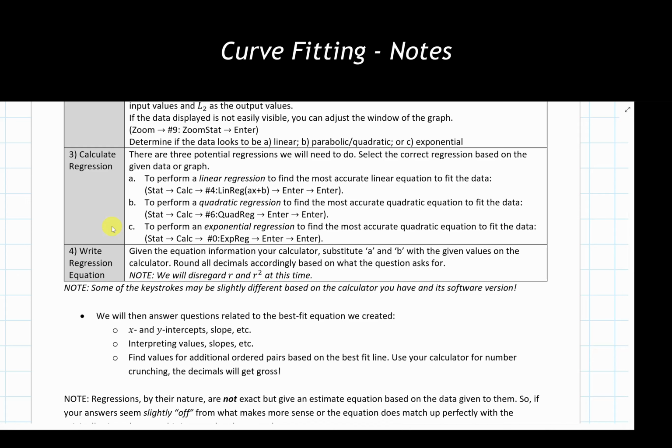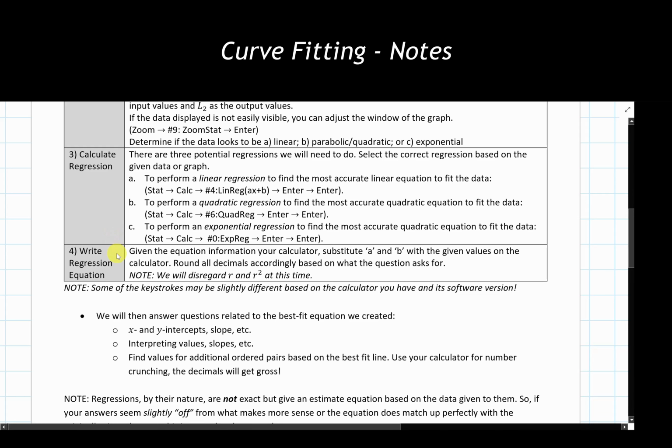The last thing that we want to do, which is generally good practice with these things, is actually write out the regression equation. The calculator is going to give us a screen that has a bunch of extra data in there, and we are just looking for the specific a, b, sometimes c values necessary to plug in and create that regression equation for us.